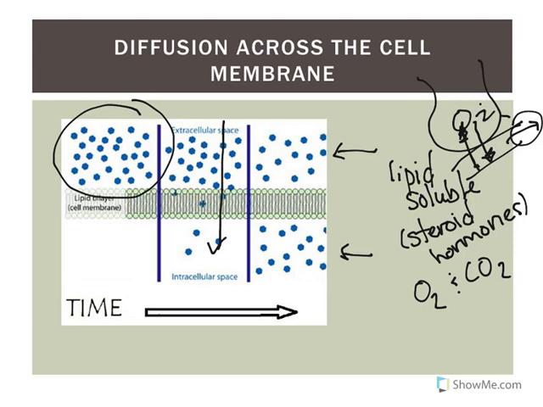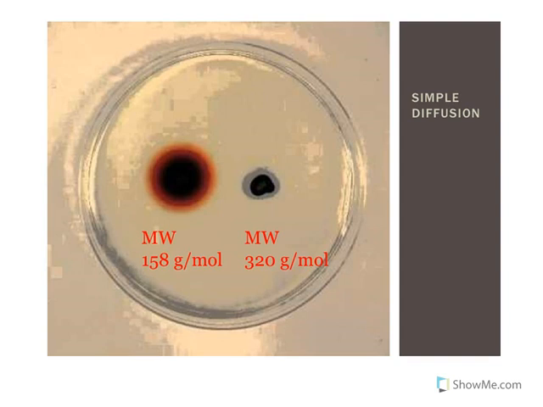Well, what type of things could affect the rate of simple diffusion? So I'm going to show you some examples, and I apologize for the glare, but sometimes it's hard to get pictures. I took a plate that had agar in it, and I created some wells, and I filled the wells with two different dyes.